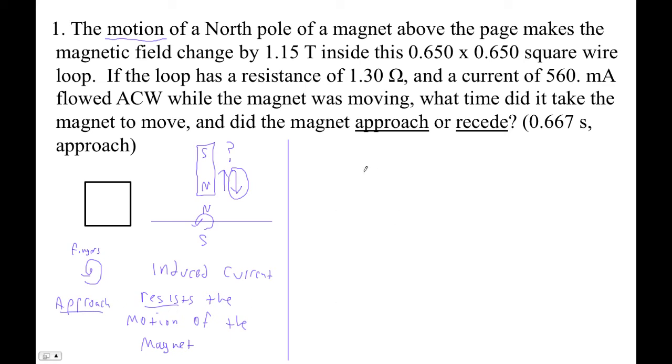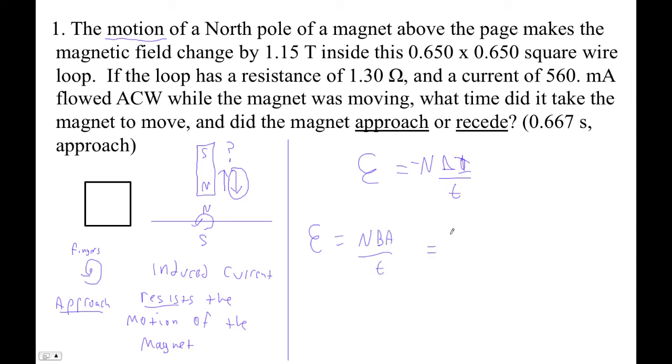And then ultimately our EMF is going to be the time rate of change of magnetic flux, right? And there's a minus sign, the change of flux over t. We're assuming that this is at right angles to this, so we don't need to worry about the cosine. This ends up being NBA over t.